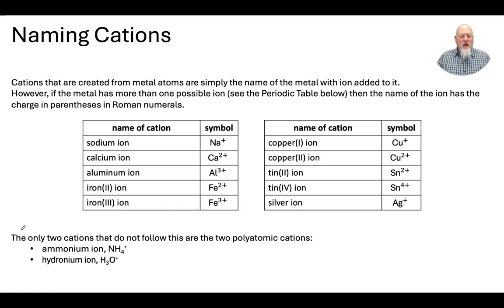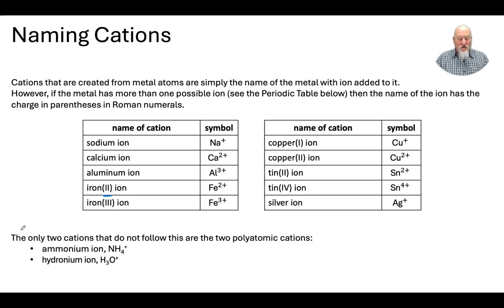When we get to the transition metals, the ones that can have more than one ion, when you write the name of it, you have to tell what the charge of the ion is. And we do that by using parentheses with Roman numerals in it.